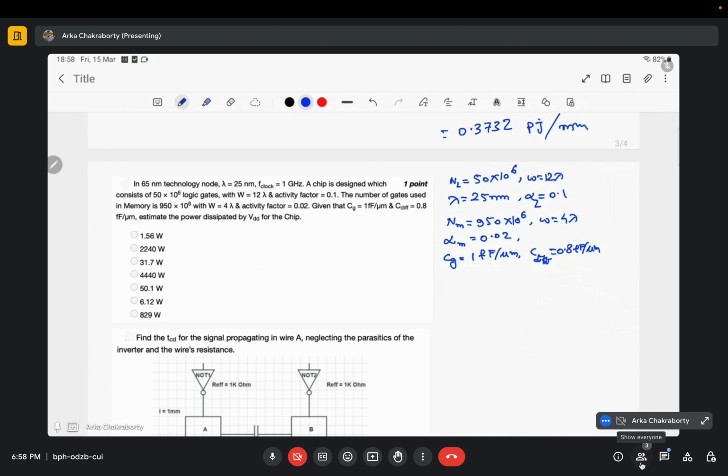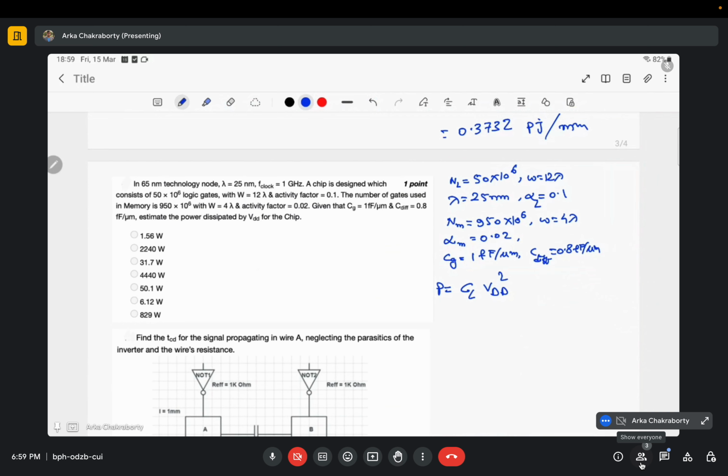Now estimate the power dissipated by VDD for the chip. So you have to estimate the net power that has been dissipated with the given conditions. We know the expression for power dissipated is basically capacitance into VDD square.